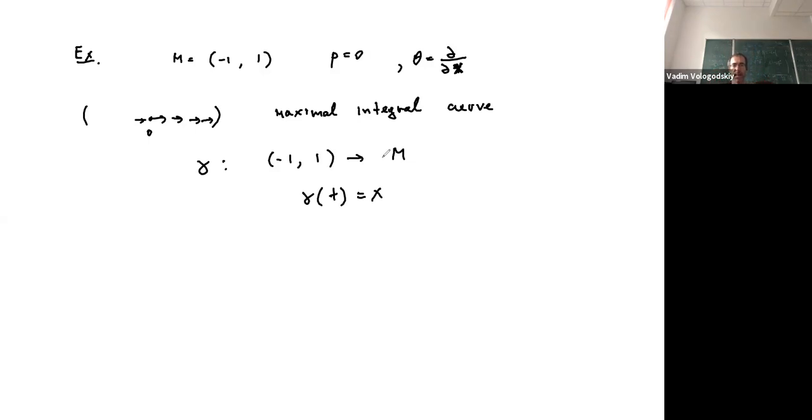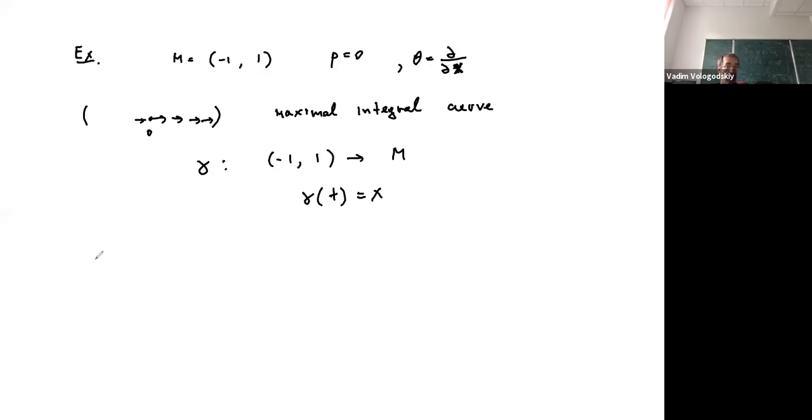Okay, so it need not be defined on the entire real line. A maximal integral curve, with respect to the order relation that I introduced, is a priori a partial order on the set of all integral curves, so it need not be defined on the entire real line, as this example shows.